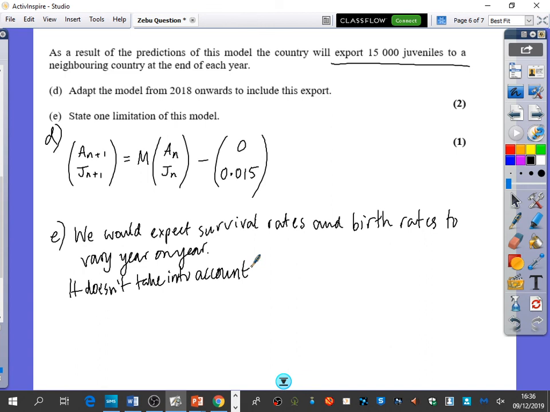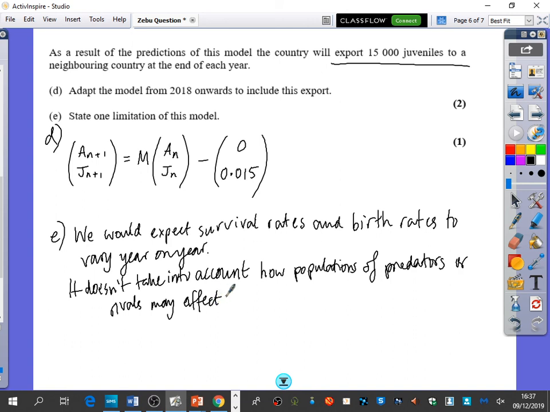Competition, so it doesn't take into account how populations of predators or rivals may affect their population. You could also say it doesn't take into account the fact that there may be natural disasters, like Ishraq said as well.